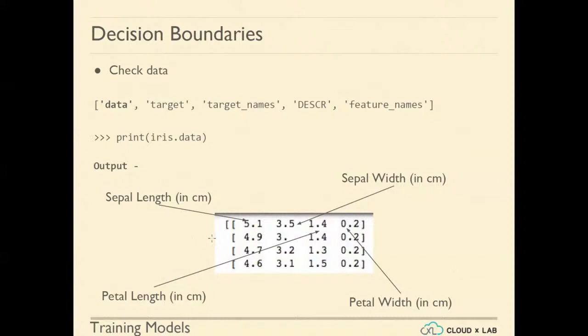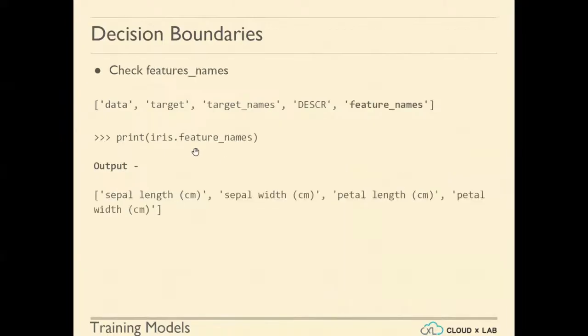So the first row is for the first data point, the second row is for the second data point, and each column is a feature, right? So there are 4 features: sepal length, sepal width, petal length, petal width. So there will be 4 columns, right? Yes. If you print the feature names here, it will print sepal length, sepal width, petal width, because here we are using 4 features, right?